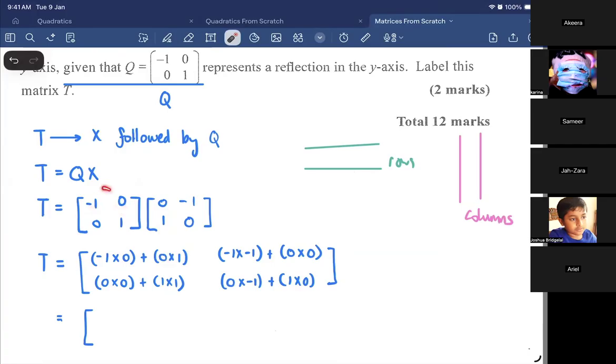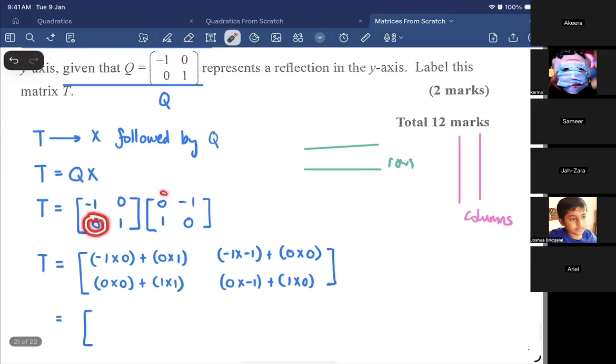Tell me, Christian, are there any other rows in this matrix? Yes, sir, we had a 0, 1. We're going to distribute that across this column. It's the same procedure: the first here by the first here, plus the second here by the second here. You understand? Yes, sir.